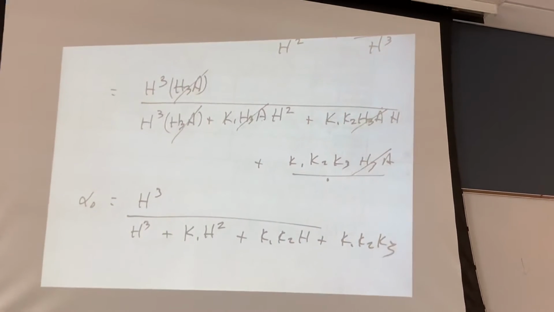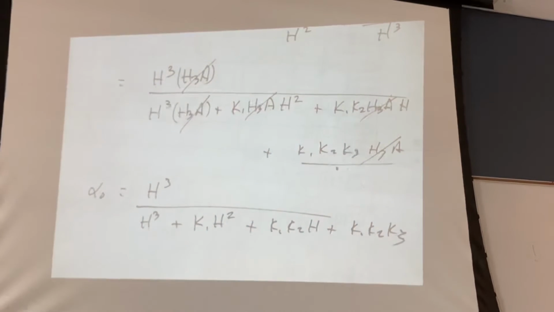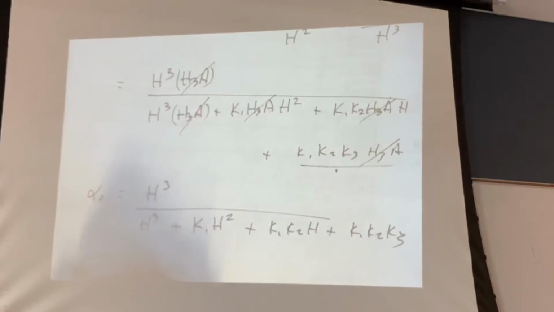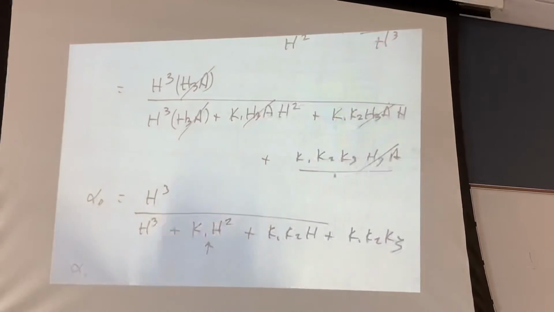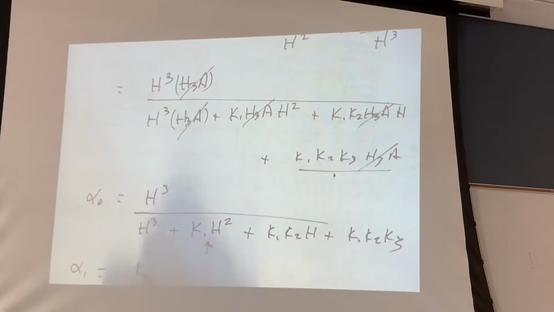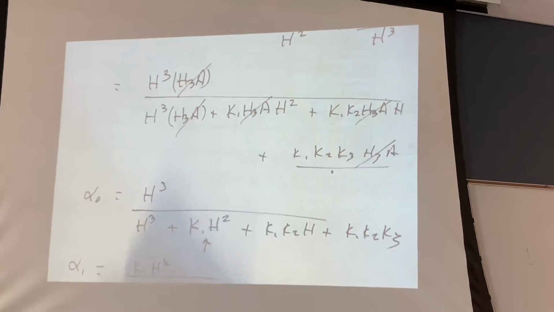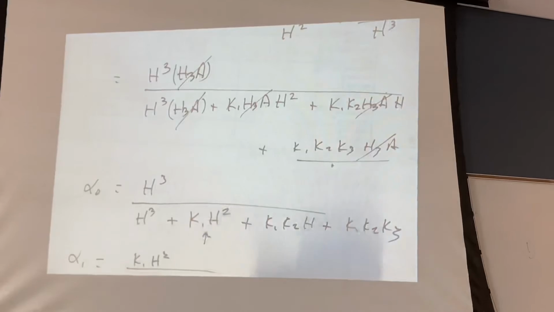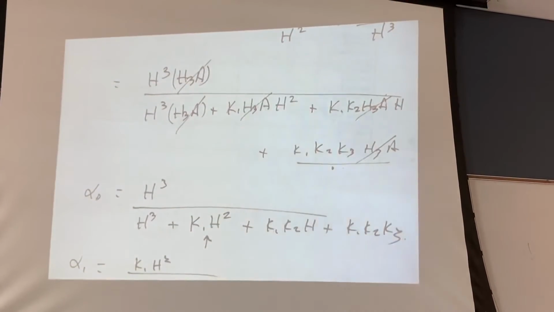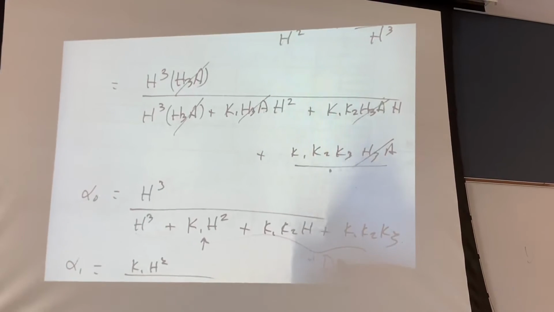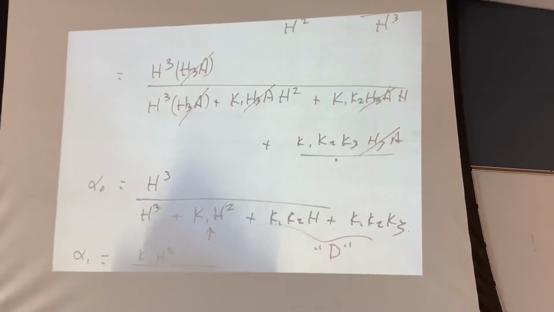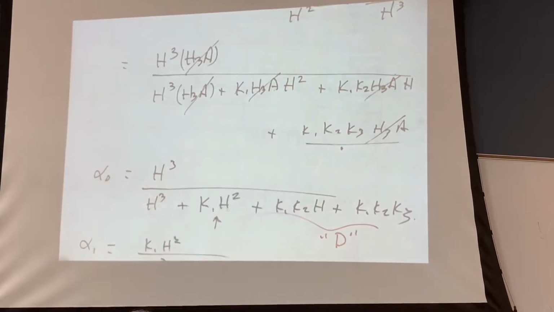So now, very systematically, every one of these terms becomes a fraction over the whole denominator. Alpha 1 is K1 H squared over, let's just abbreviate this, we'll call that D for denominator. So it's just this term over the denominator.